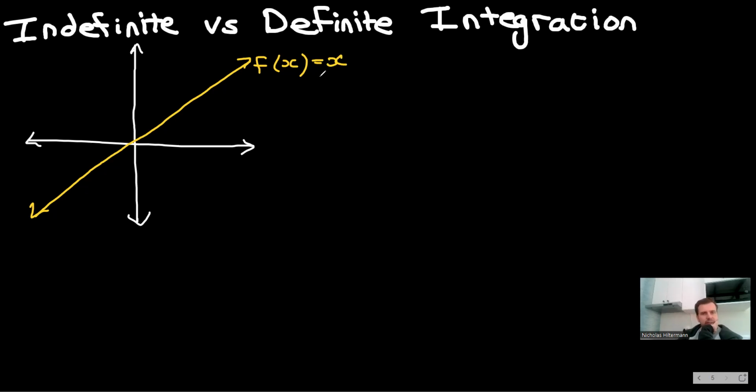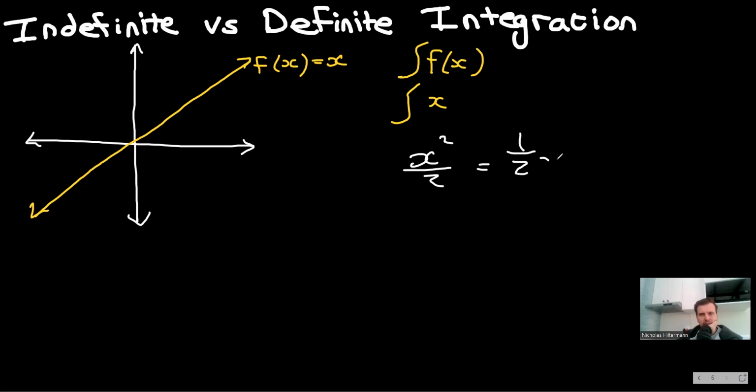Okay, so the integral of this, so the integral of f of x, in other words, the integral of x. What do we do? We add 1 to the exponent and we divide. So it's just 2. So we get a half x squared. So this is what we call the indefinite integral. I haven't defined any value. So in other words, I haven't said where I'm getting the area from.